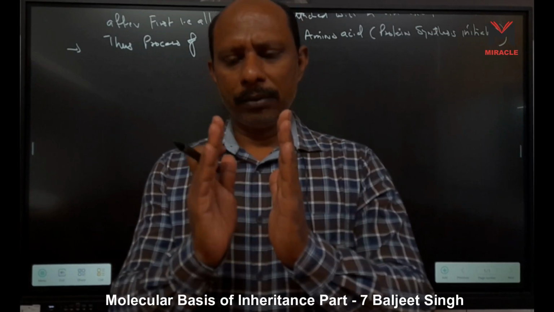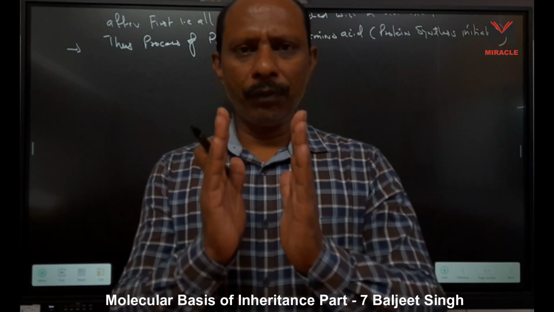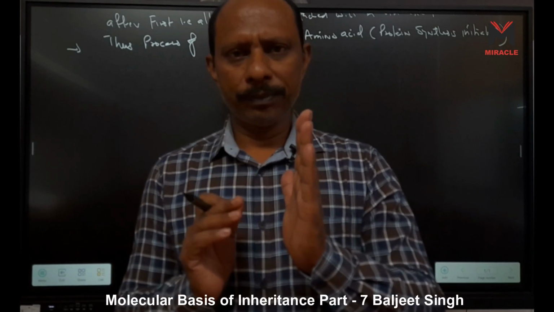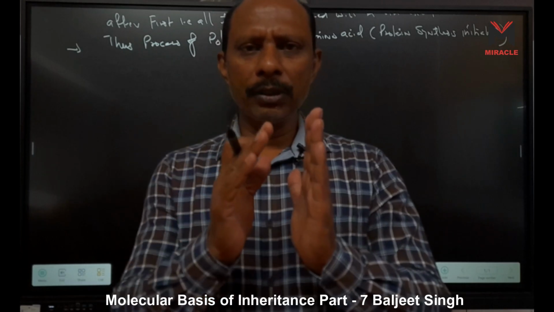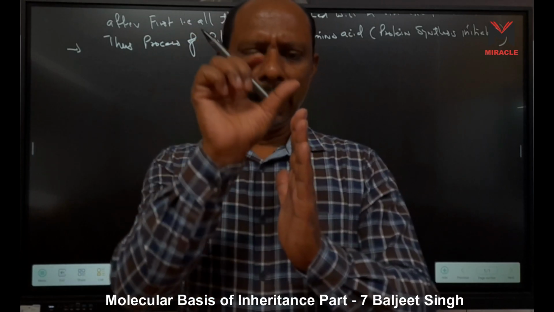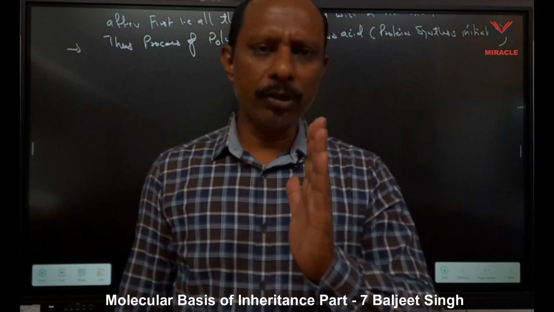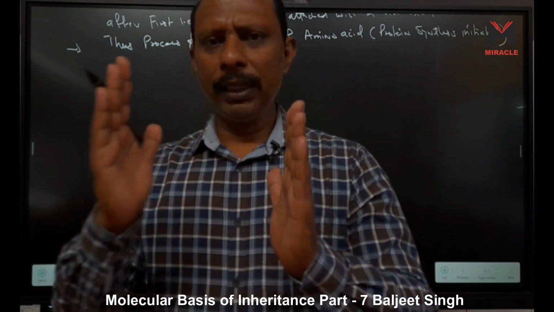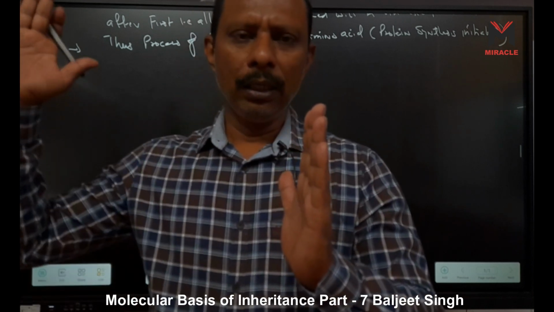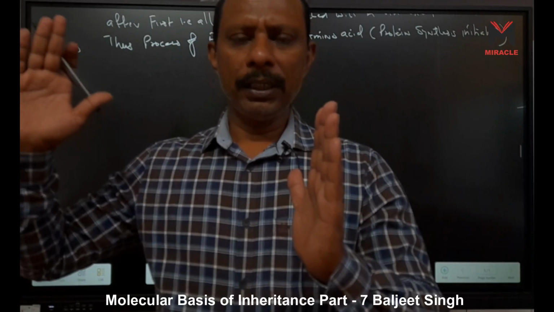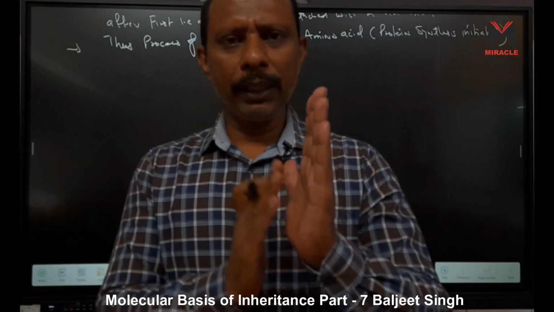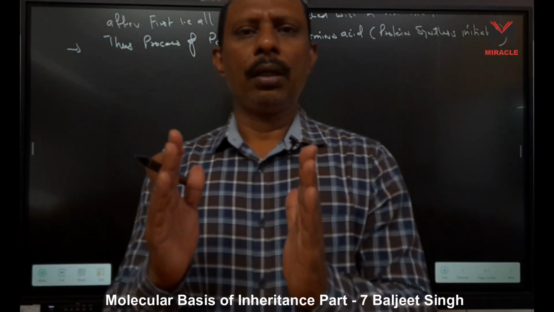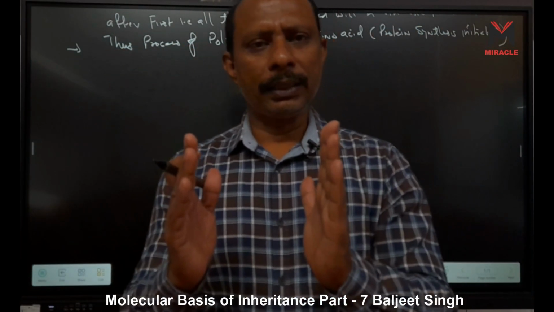Now the transfer RNA at the P site releases its amino acid, so the A site contains two amino acids. Then the first transfer RNA comes to the E site and leaves the ribosome. The second moves to the P site, and a new transfer RNA comes and attaches with the A site.